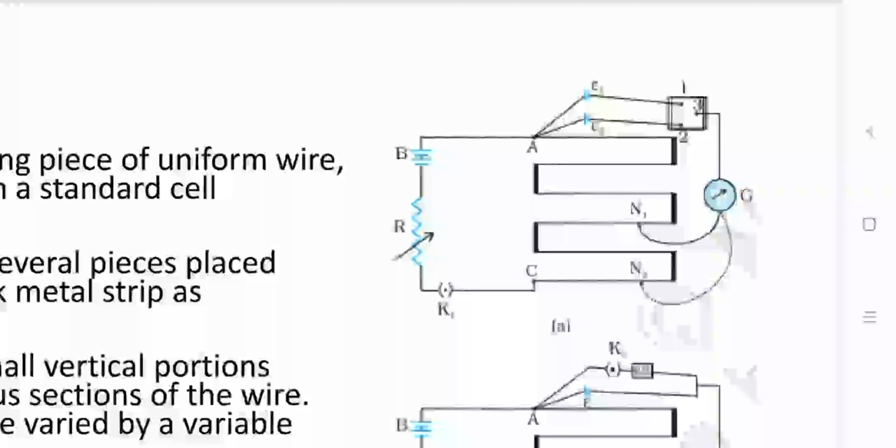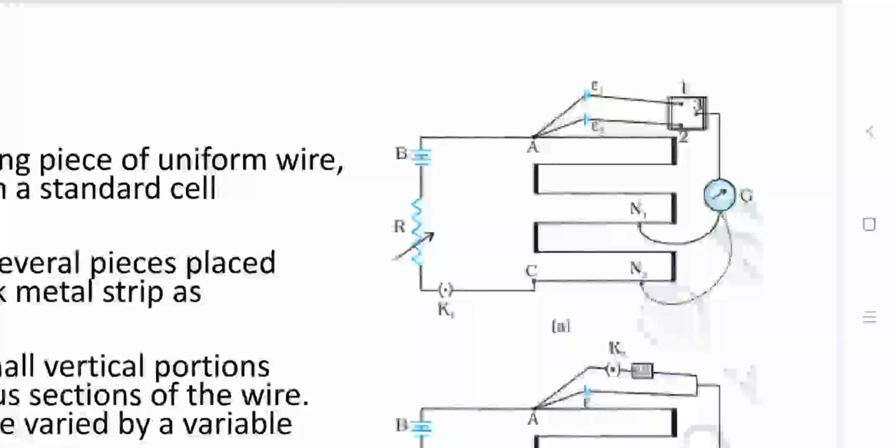So A to N2 to G to 3 to epsilon 2 to A. So what will happen now? My potential difference of the wire is phi L2, plus 0 galvanometer potential difference, minus epsilon 2 of the cell, equal to 0. So now my equation becomes epsilon 2 equal to phi L2.